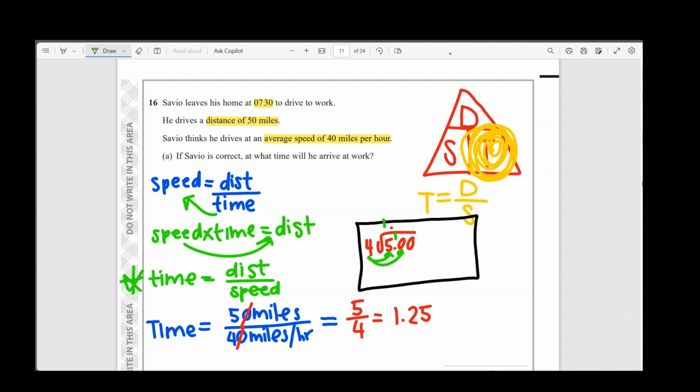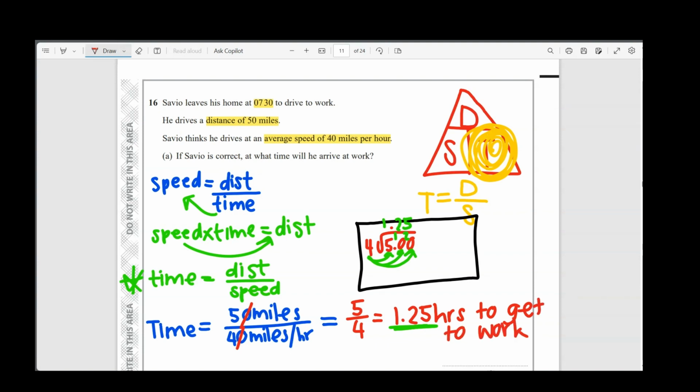It fits into 10 twice. And there's 2 leftovers, or 2 remainders. And then how many times can 4 fit into 20? The 2 and the 0. It goes into 20 five times. Okay, so 1.25. So that is our division that we have to do there to get this answer. So this is now 1.25 hours to get to work.